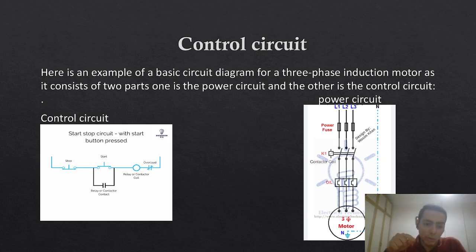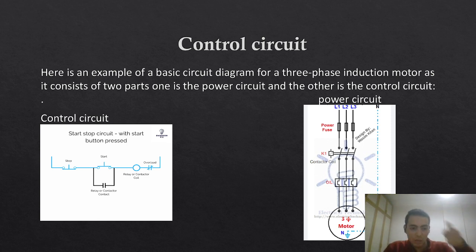When we press the start push button, a current will flow through the stop switch and reach our relay, which closes the normally open contact, and the contactor will be turned on and the power will be fed to our motor.